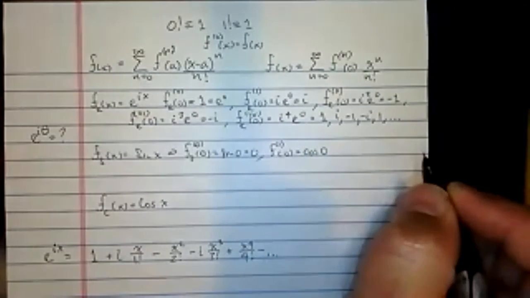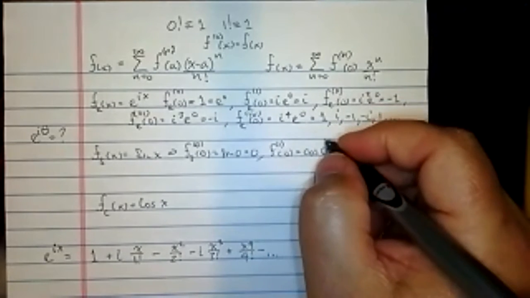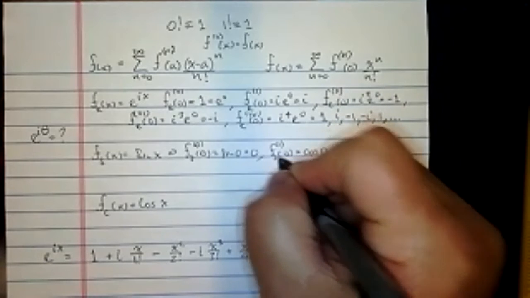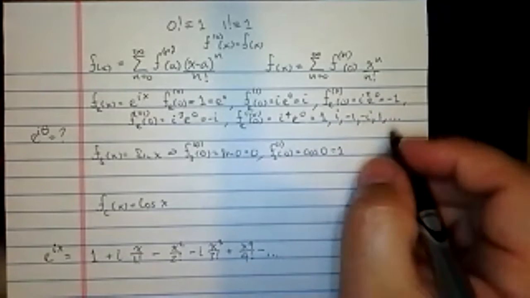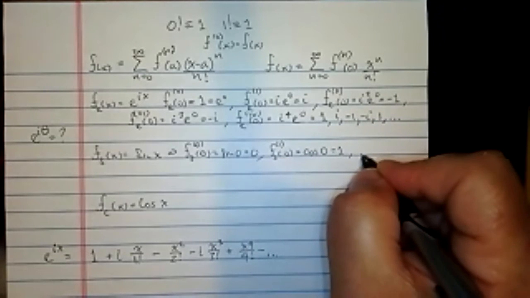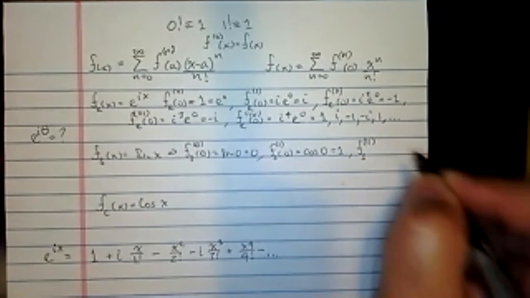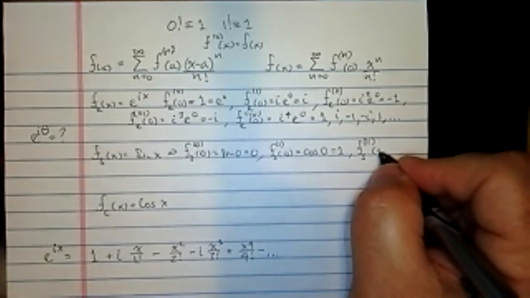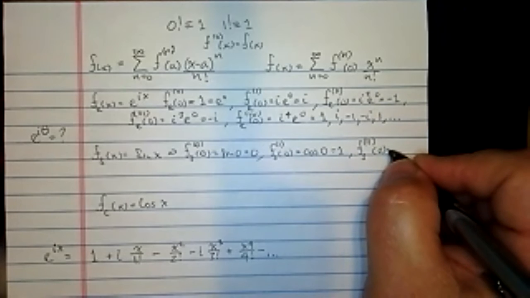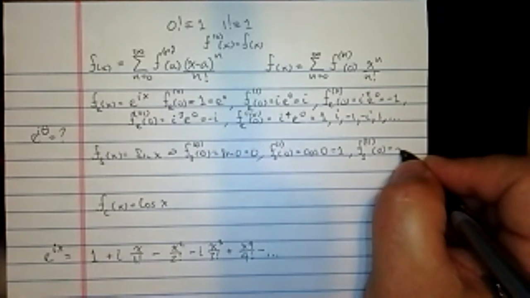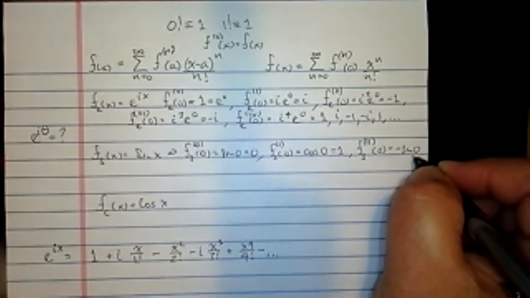So I'm going to evaluate the cosine of 0. And, of course, the cosine of 0 is 1. So we've got that. Next is going to be f double prime, the second order derivative evaluated at 0.